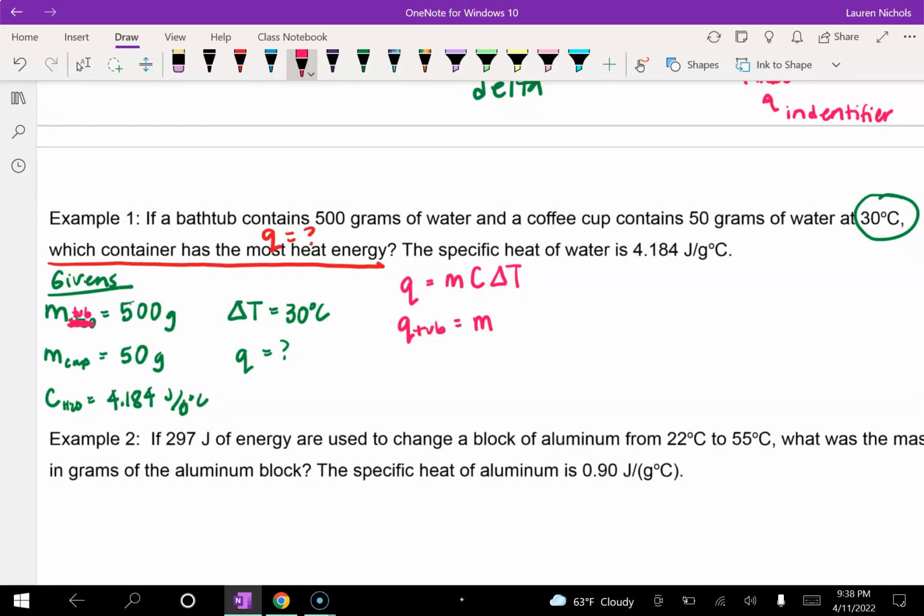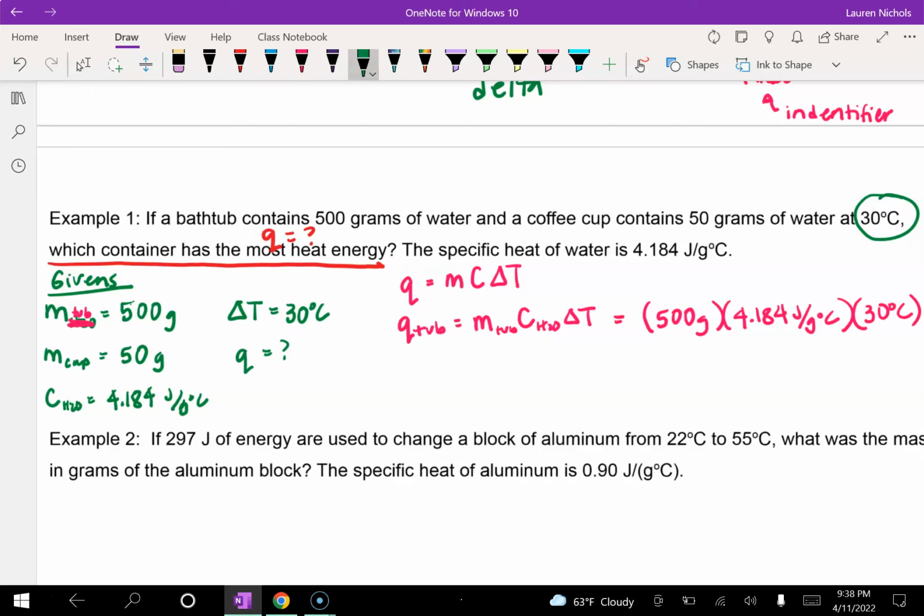So that would be the mass of the tub times the specific heat of the water times the change in temperature. The mass of our tub is 500 grams of water times 4.184 joules per gram degrees Celsius times our change in temperature, which is 30 degrees Celsius.